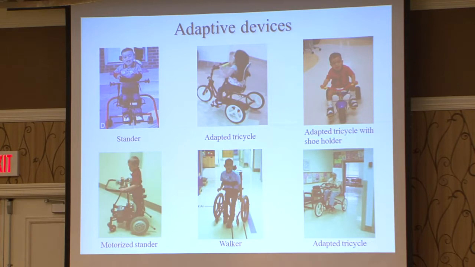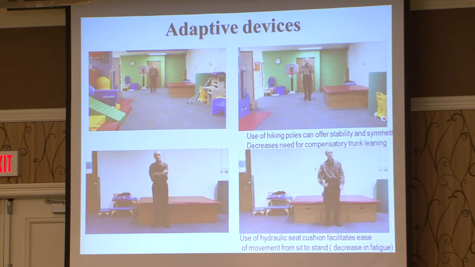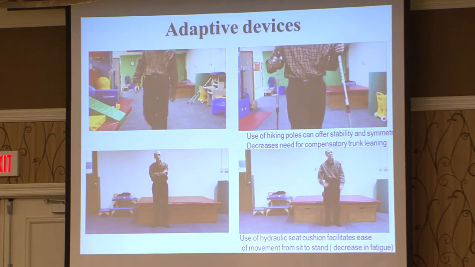The idea is not to give you all of them here, but to work with your physical therapist to use it. And I'm going to show you this video just to give you an example of how simple devices can help. So here is an adult with Pompe disease, and you can see that he's using hiking poles, which gives him a lot of stability as he walks. So this is without the use of the hiking poles, and the other is with the use of the hiking poles.